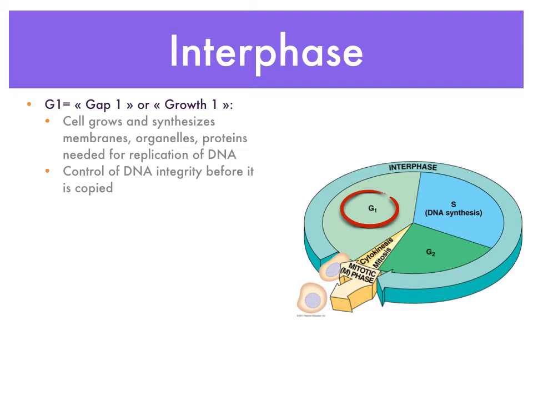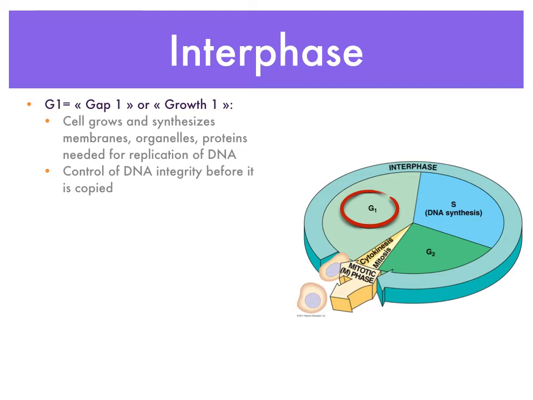So G1 is the phase where the cell will grow, where it will synthesize more membranes so that you can eventually make two cells with the existing cell. So you need to have an increased amount of plasma membrane, internal membranes as well. You will also reproduce organelles so that the new cells will have enough organelles. Proteins will be synthesized as well so that you don't lack those proteins that are needed for the replication of DNA.